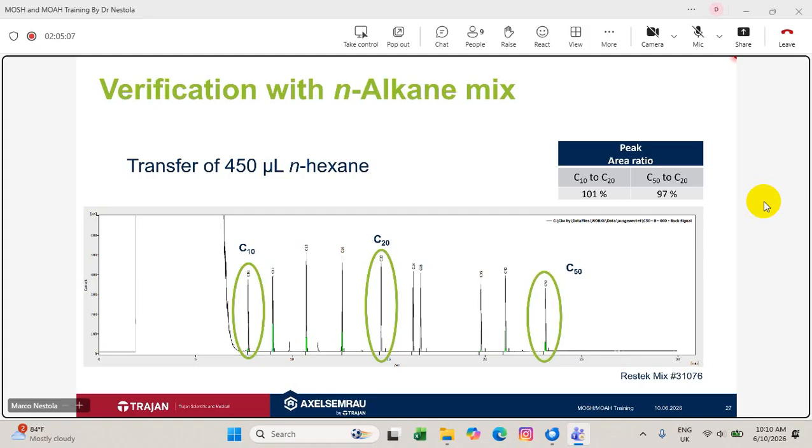So the standard is coming in cyclohexane, but C50 at room temperature is solid in this solvent. So you need to heat up the standard to get everything into solution. And you do not believe how many customers, and also service units in the beginning, we had where the chromatograms looked like that, but it was not due to the columns, it was due to the standard.